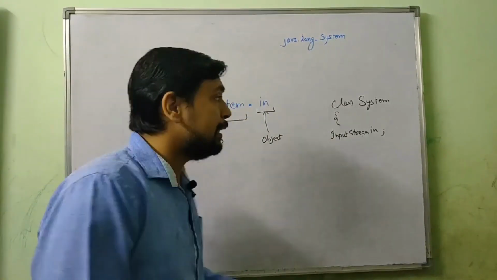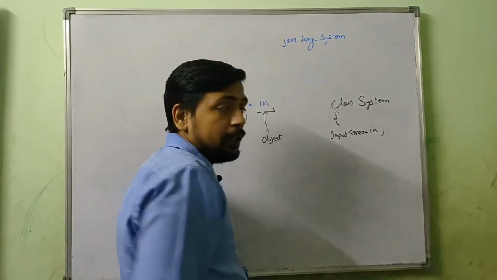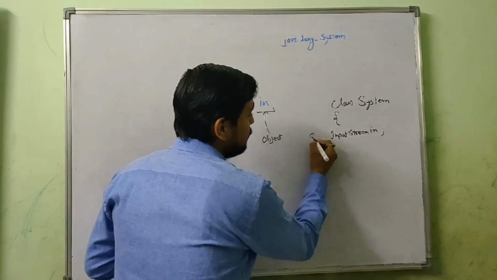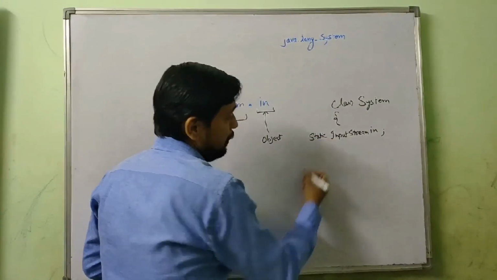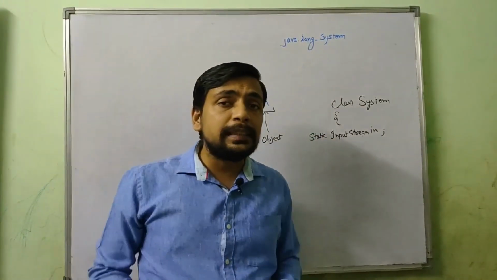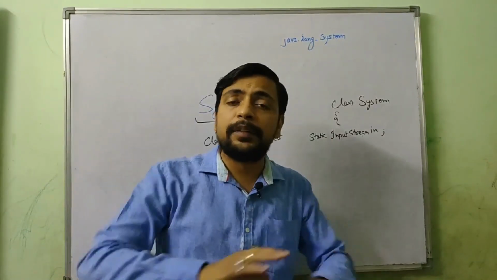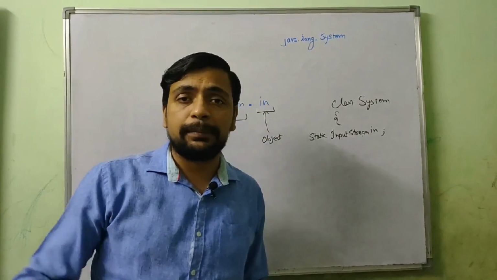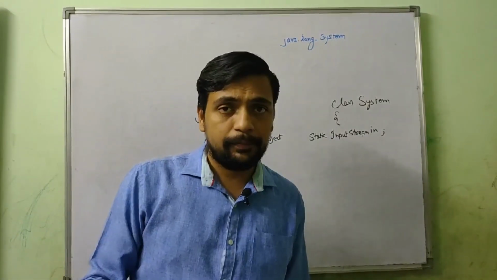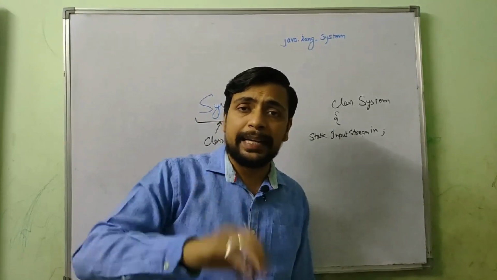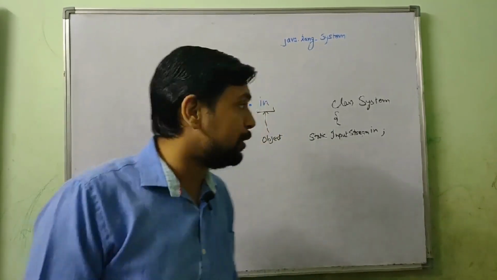Because of one reason. This in object of InputStream class declared inside the system class is a static object, and because it is a static object, to refer to this object, we need not create any object of system class, we can refer to it directly. Just like you can refer to any method of Math class directly. I hope you understood.